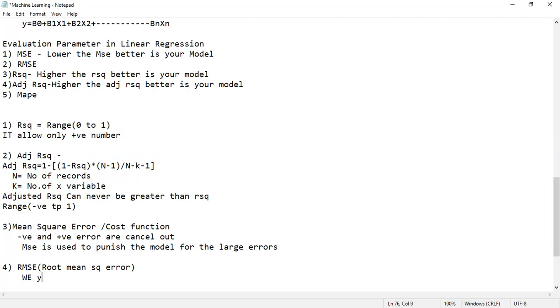We use this because we get the answer in the same unit, the actual unit.